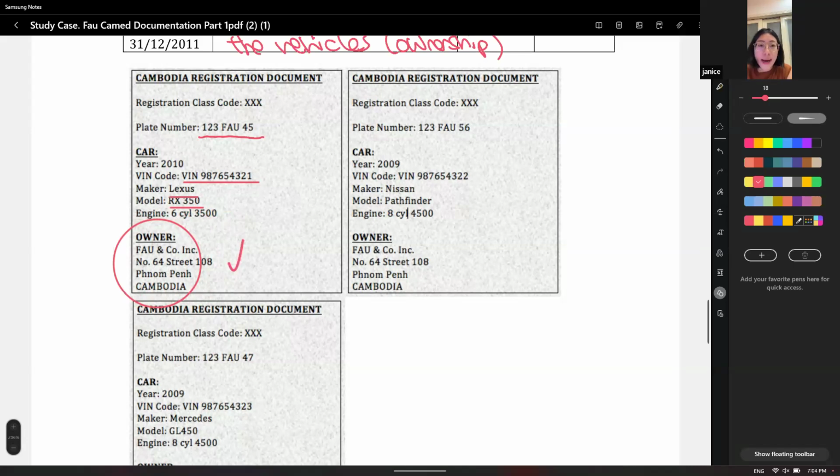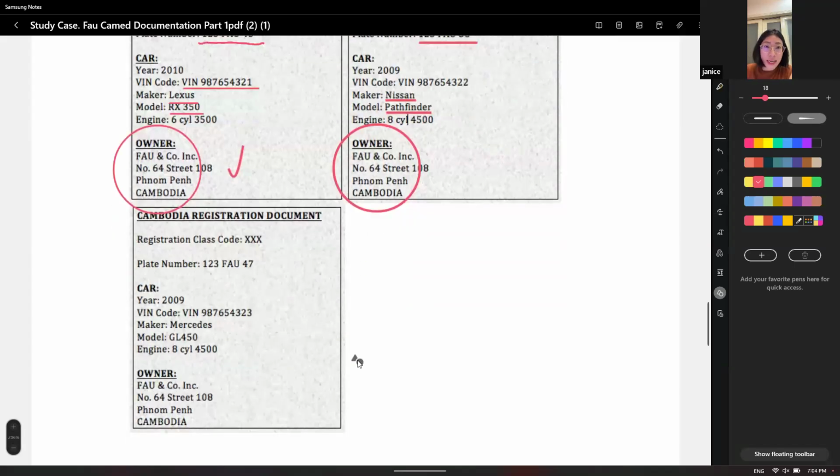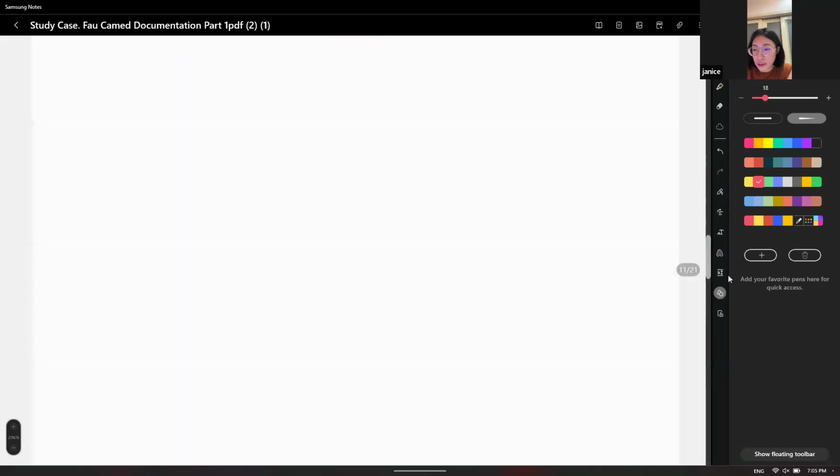Now we look at the second car. We have a Nissan Pathfinder. So that's the car that we saw. And we check the plate number to make sure it's the same plate. And again, we check the owner. It's also FAU. Then our last car is the Mercedes. So let's have a look. We have a Mercedes GL450. Is it a 4x4? Let's see.